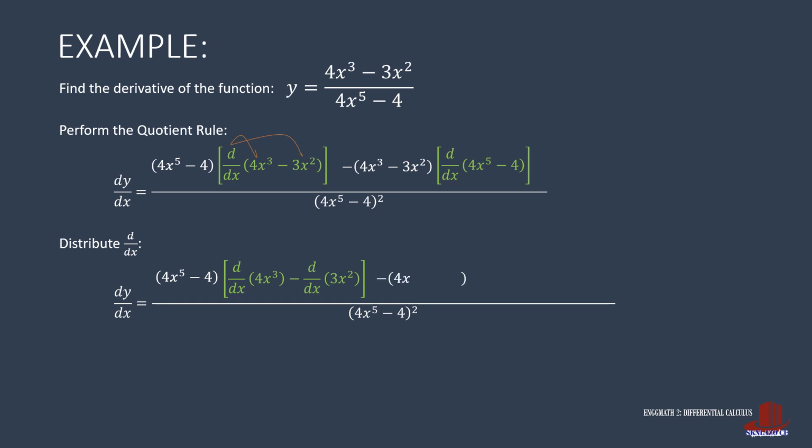The other group starts with a minus sign with the upper term copied. Then the distributed derivative binomial becomes d over dx of 4x raised to 5 minus d over dx of 4. The last term is zeroed out considering the derivative of the constant is 0.